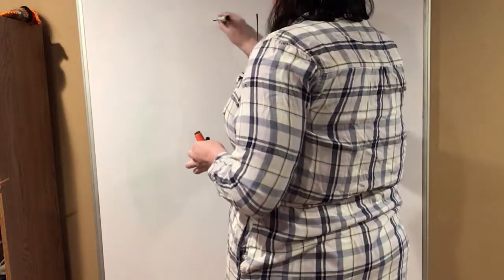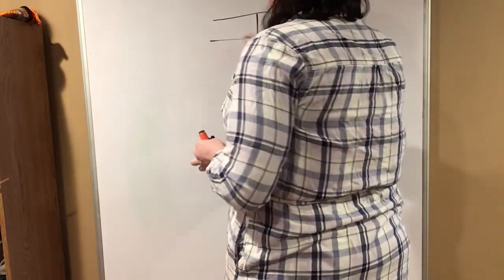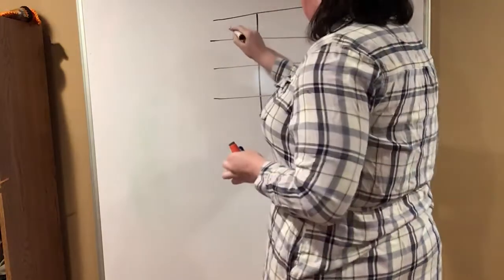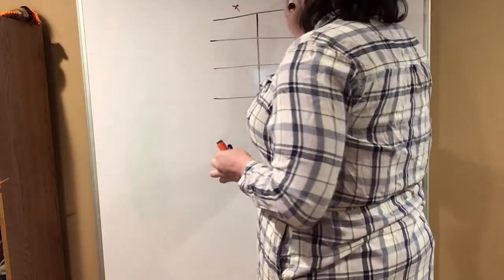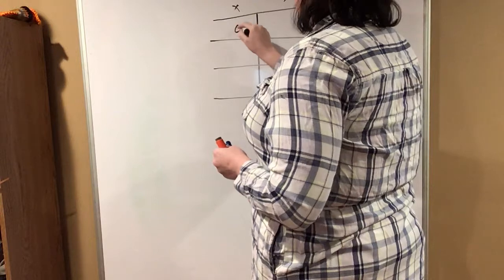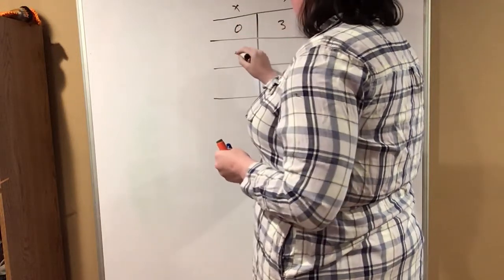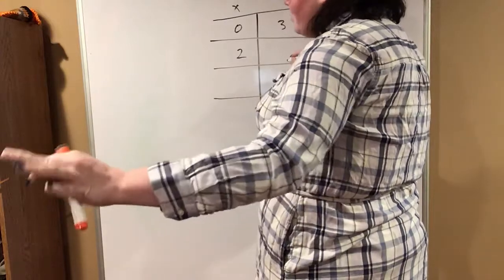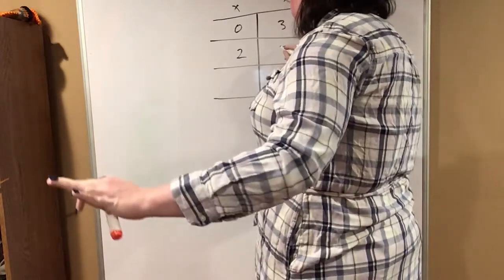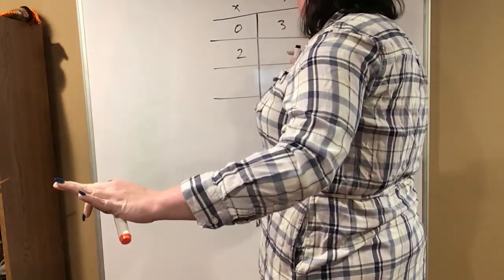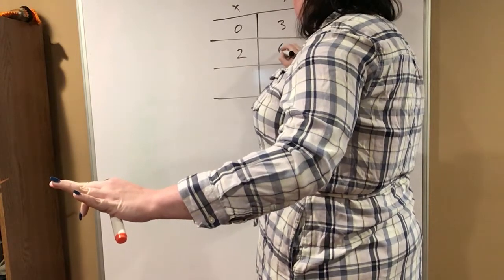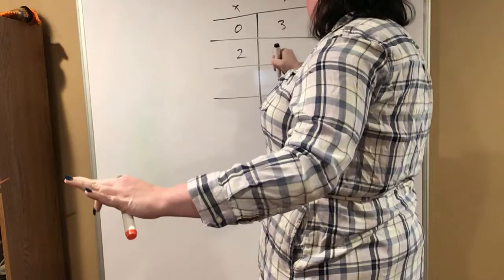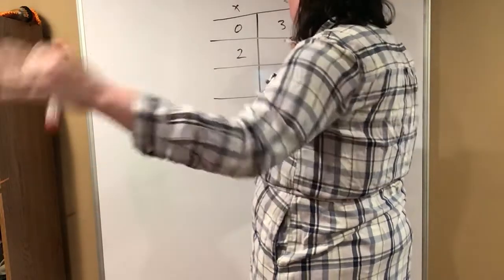So if we're given a table like this, this is my x, this is my y, and we're given like a 0 and a 3 and a 2 and a 4. This is not going to have a constant rate of change, I'm sorry, but it's just not.